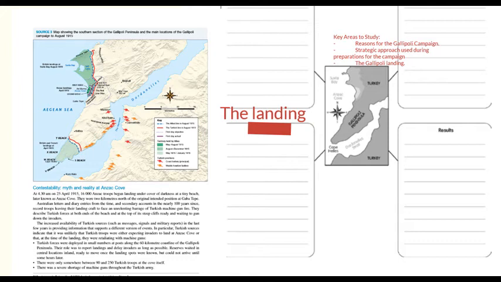Down here is the British landing at Cape Helles, a kind of pincer movement. The Anzacs come down from here, the British come up with the French and try to take out all these plateaus, which should have made it safer for their naval force to come in through there.